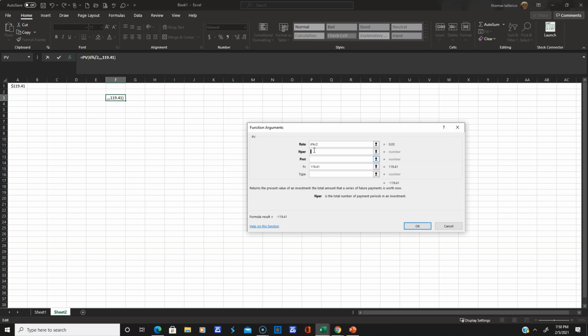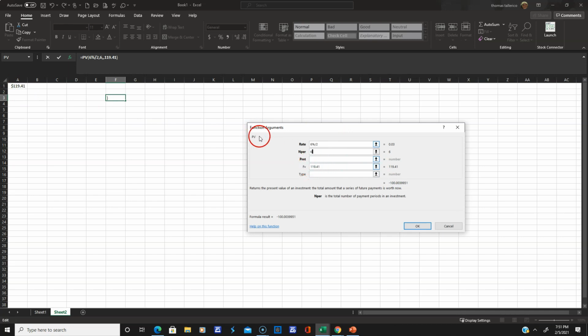Let's try it. It may have been 6 periods. Yep, it was 6 periods. So how much do I have to put in the bank if I get 6% compounded every 6 months and it's in there for 3 years, if I want to accumulate 119.41? So see, here I am trying to accumulate 119.41.